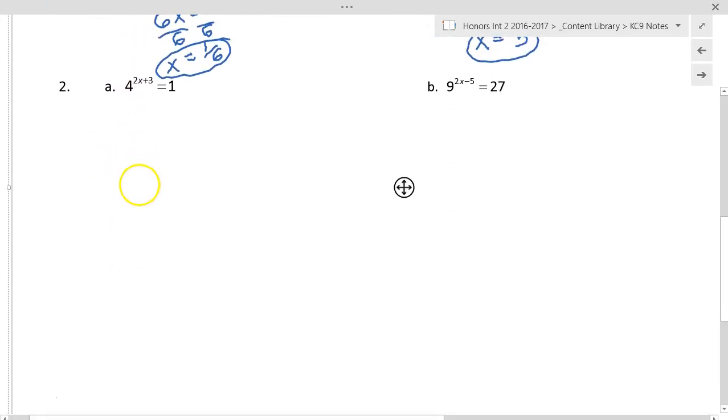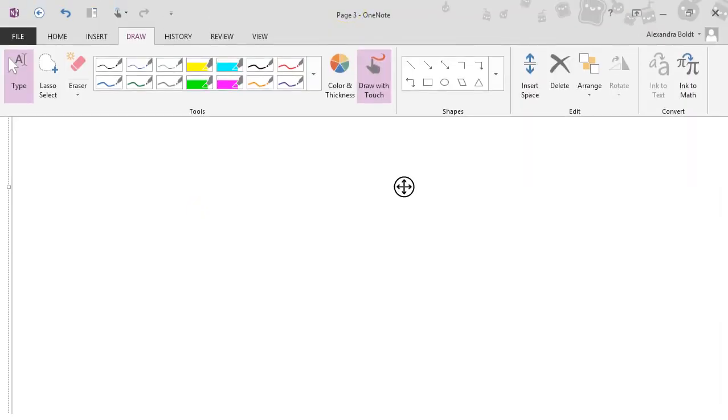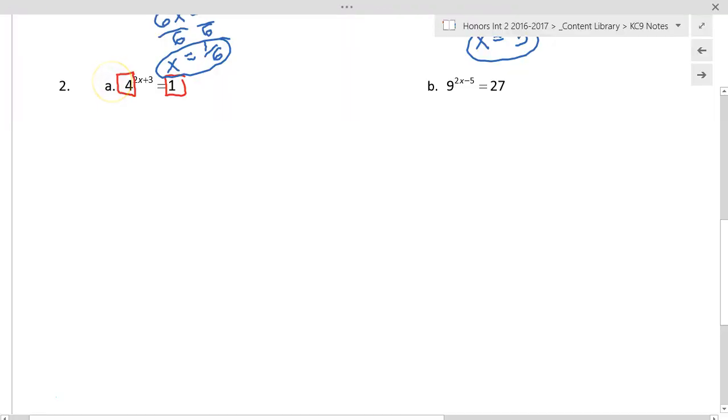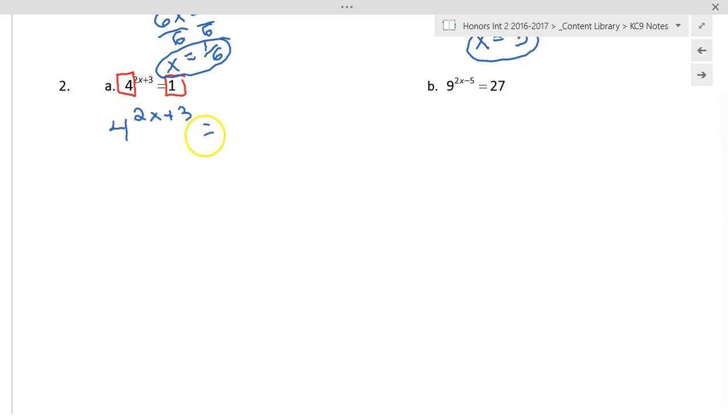Looking at our next problem, 4 to the 2x plus 3 equals 1. So 4 and 1 are not the same base. I'm going to change that 1 though. 4 to the 2x plus 3 equals, remember, anytime you have 1, 1 is anything to the power of 0. So it's really 4 to the 0, because 4 to the 0 is equal to 1. That's a key rule to remember: anything to the 0 power is 1, and 4 to the 0 is also 1.